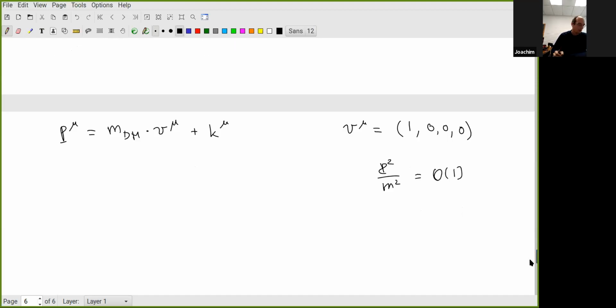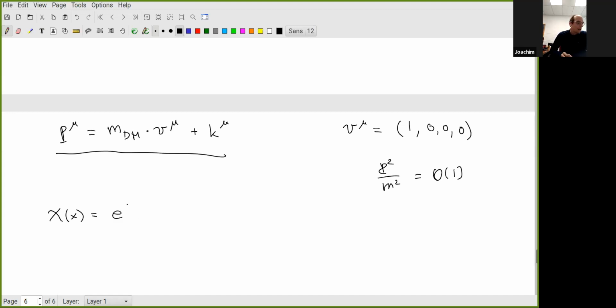And we do this as follows. First of all, we make this split. We make this heavy mass dependence explicit in this way. And then we take the dark matter field, call it chi of x, and we do 2 things.